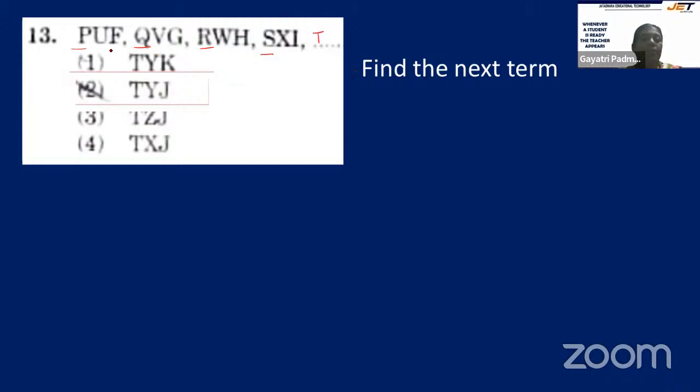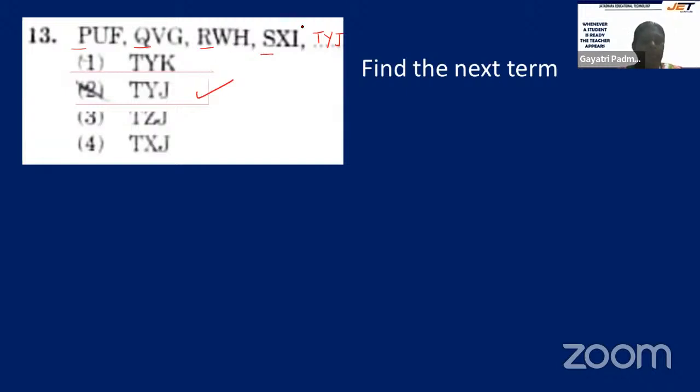See the next one. U, V, W, X. Next should be Y. Right? Yes. Next, A, B, C, D, E, F, G, H, I. Next must be J. So, must be the correct answer.